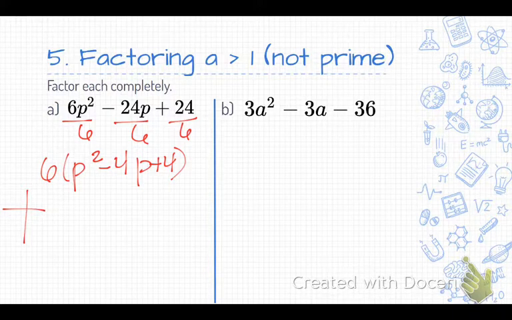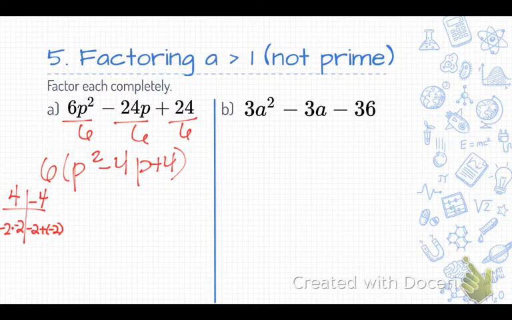What multiplies to +4 and adds to -4? My bad. -2 and -2? Is that true? -2 times -2 is +4, yes? I wrote it wrong the first time. I'm sorry. Because I looked at one of your papers and you had it written right before I walked up.